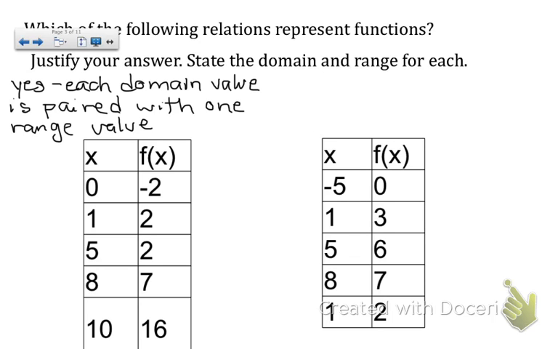Now, keep in mind in this chart that f of x is just that fancy name for y. Okay. So, since this one is a function, let's go ahead and write out its domain and range.